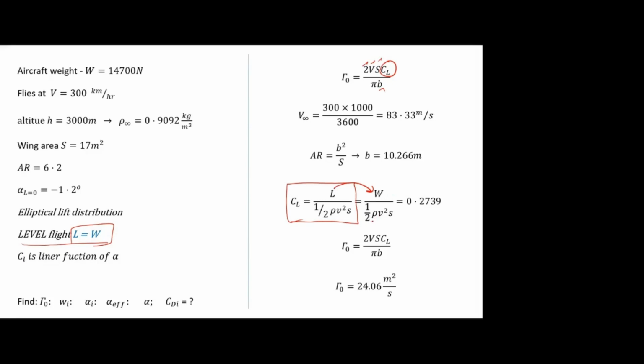Substitute here: density at that particular altitude, velocity in meter per second, area 17. Substitute, you will get the CL. Once you know the CL, substitute velocity, area, CL, span, everything. Finally, we get gamma naught equal to 24.06 meter square per second. Is that clear?